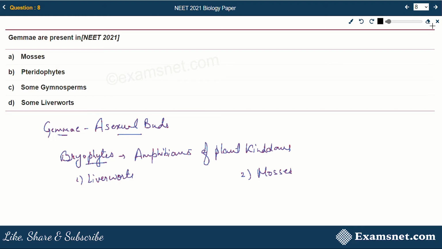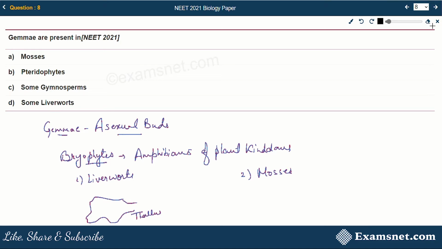So, what happens in liverworts? Here, the body of the plant is in the form of thallus. That means it is not differentiated into leaves and stems. It looks like leaves, but it is not the real leaf.